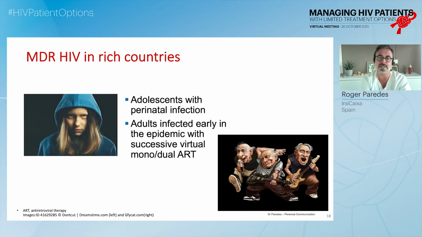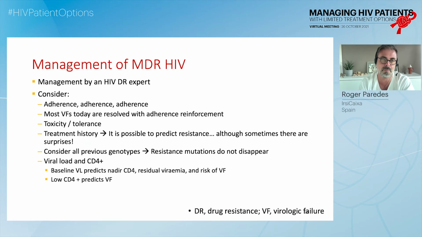So multi-drug resistant HIV in rich countries will be happening in adolescents with perinatal infection, but also in adults infected early in the epidemic with successive virtual mono or dual antiretroviral therapy, what we call the old rockers.